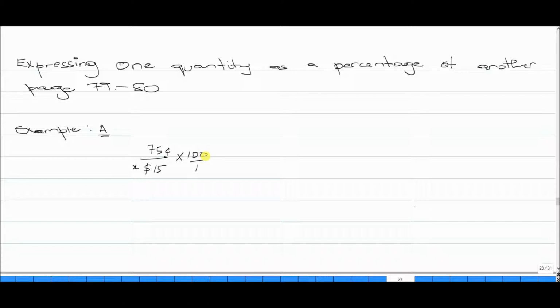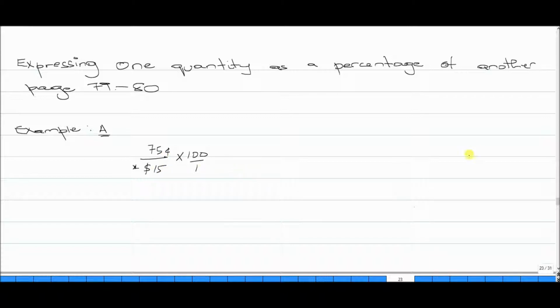Now, part of our rule says that we need to make sure that both of them are the same unit. Both of our quantities here are not in the same units. We have 75 cents, and for the denominator, which I said pay attention to earlier, $15. We can't solve the problem like this. We need to make both quantities have the same unit. It is easier in this case to change our $15 into cents.